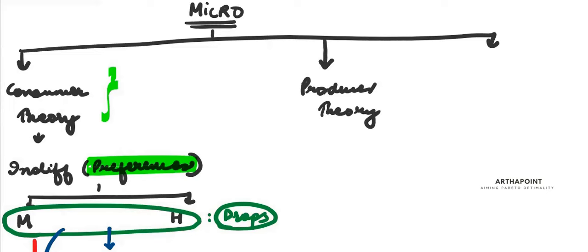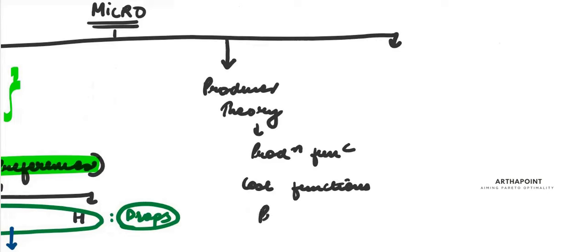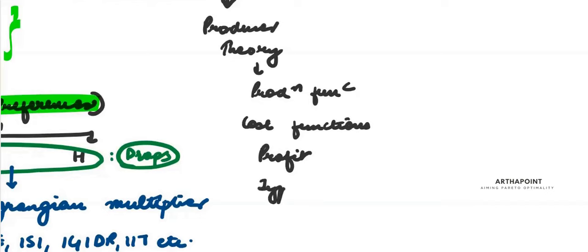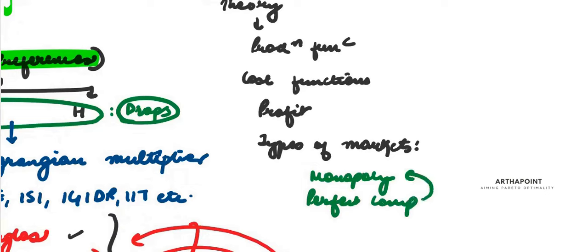And in producer theory, I will be doing production function, cost functions, profit, and then types of markets, in which I will do monopoly, perfect competition, opposite order actually, monopolistic.